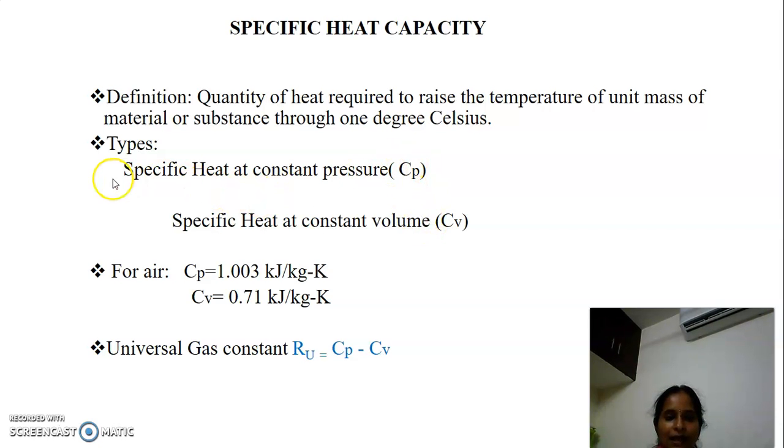It comes in two types: specific heat at constant pressure and specific heat at constant volume, CP and CV. You will use these terms continuously for all calculations throughout this course. CP for air is 1.003 kilojoules per kilogram Kelvin, CV is 0.71 kilojoules per kilogram Kelvin, and the universal gas constant R is equal to CP minus CV.